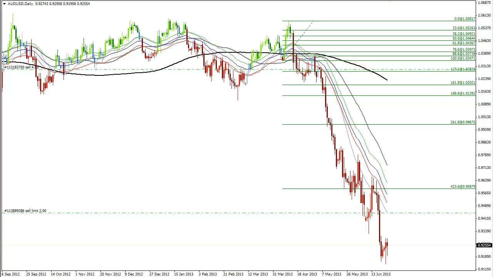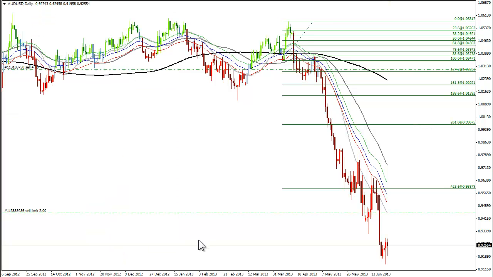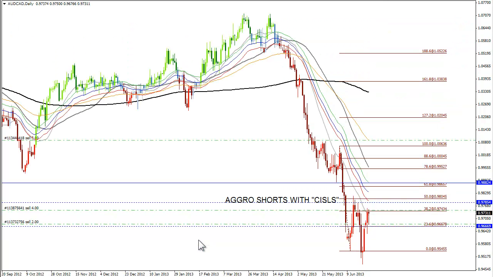But just really quickly, on the Aussie Loonie, I'm actually just squeezing the Aussie Loonie right now. I mean, I have some other positions I want to get into, but this is an overall trend that I know is very volatile right now. I'm taking some heat on one position, on my aggro position, and I'm at break even on another. But I'm really just looking to follow the trend.